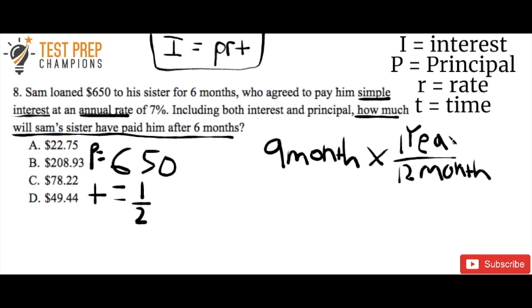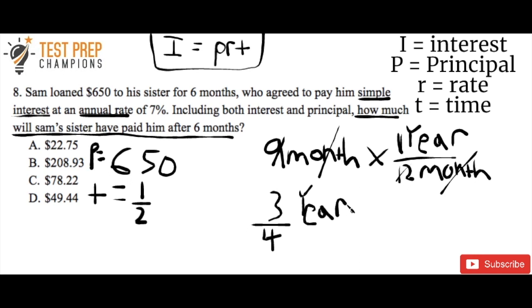You could use your calculator, and you'd probably want to leave this as a fraction. I wouldn't do it as a decimal. You've got 9 months, and let's divide a 3 out of both of these terms. So 9 divided by 3 is 3, and 12 divided by 3 is going to be 4. The months are going to cancel out here, and we'd essentially be left with 3 over 4 years.